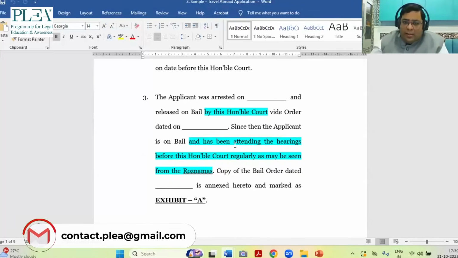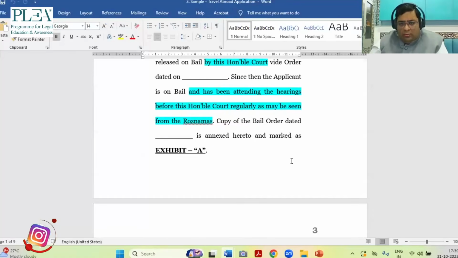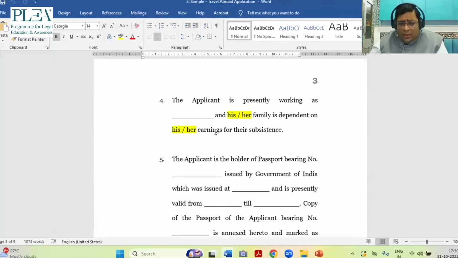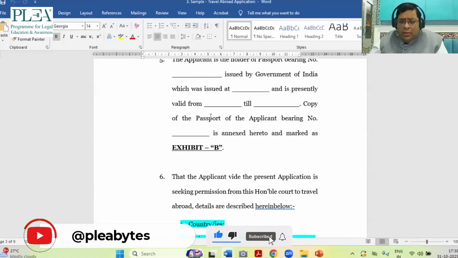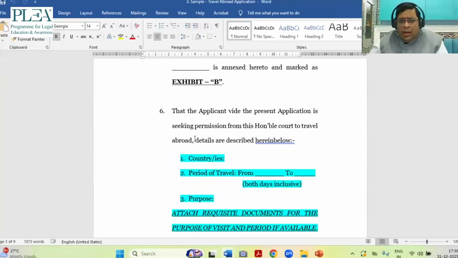If the appearance is recorded in the Roznama, it gives an added advantage. Better to attach a copy of the bail order, the present occupation of the applicant, the passport details, and if there is a visa permission already available, then you annex a copy of that also.